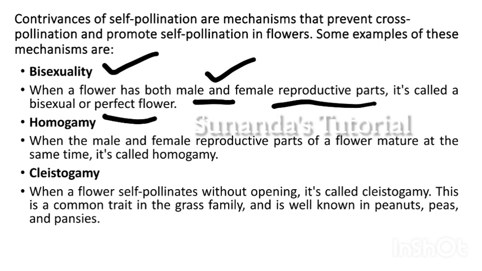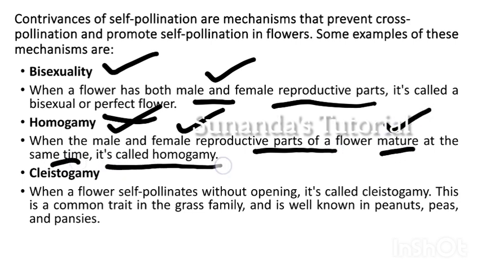Then homogamy, when male and female reproductive parts of a flower mature at the same time, it is called homogamy. As they mature at the same time, there is a high possibility of pollination between the anther of that same flower to the stigma.